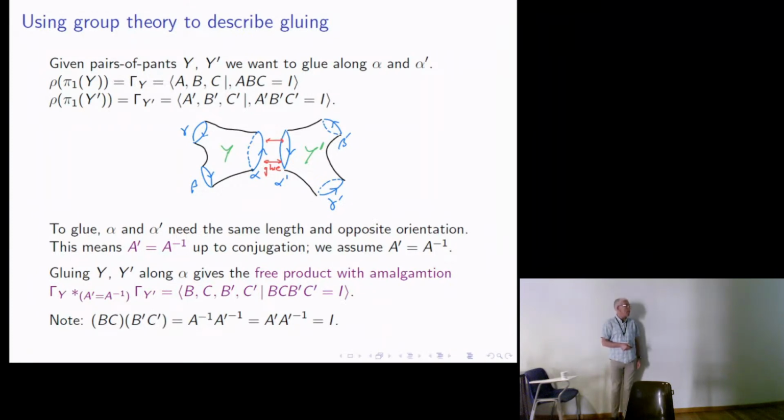I can divide it into 2 parts. Now remember, A, B, C was the identity, so that becomes A inverse. A prime, B prime, C prime was the identity. That's A prime inverse. A inverse is A prime, and hey presto, I get that relation.